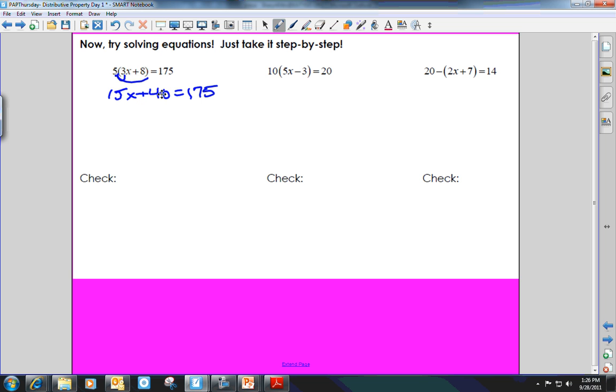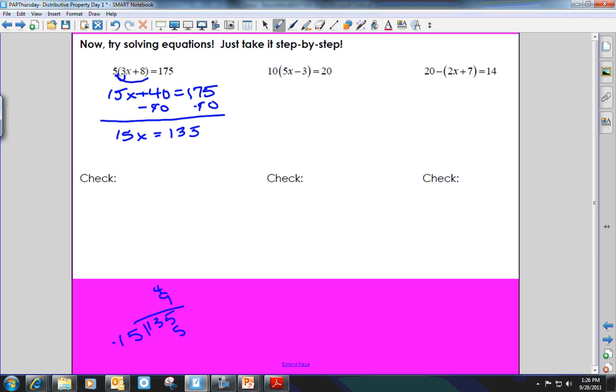So I'm going to subtract 40 from each side and then divide by 15. So that ends up with 15x equals, this is 135. Now if I take 135 and divide it by 15, let's see, let's try 9.